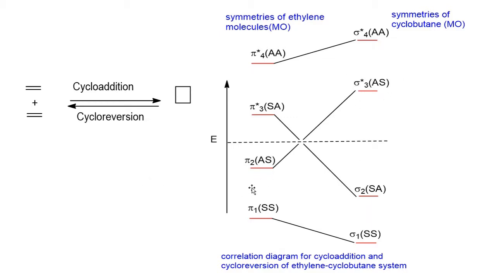And the ground state molecular orbitals of the reactants are not correlating with the ground state molecular orbitals of the product, so it is thermally forbidden. In general, 2 plus 2 cycloaddition reaction is thermally forbidden but photochemically allowed. That is the result.